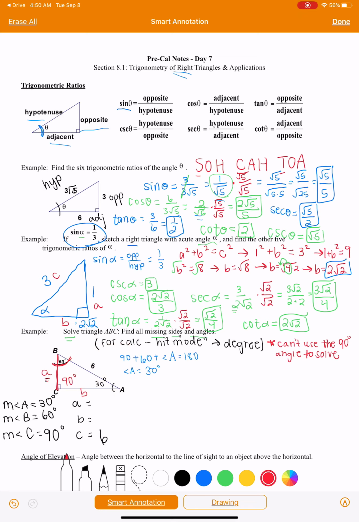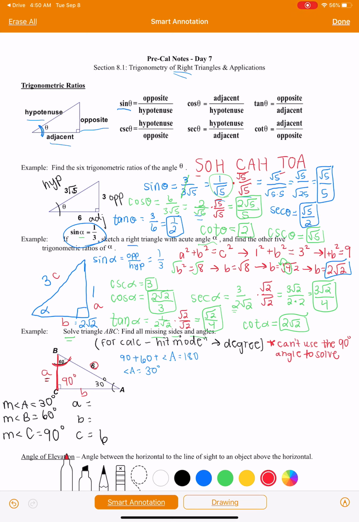And I don't know what b is yet, right? So I have to use the fact that the hypotenuse is 6. I'm finding a, which is adjacent to angle B, my reference angle. So I'm going to use cosine.